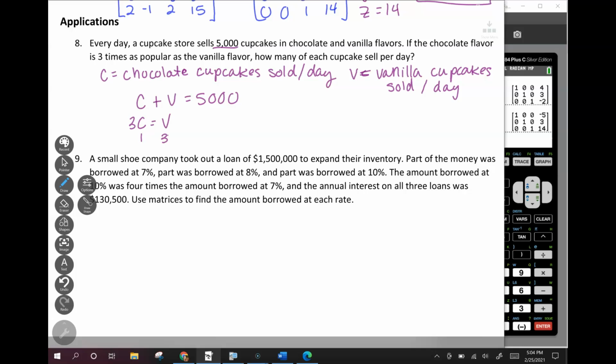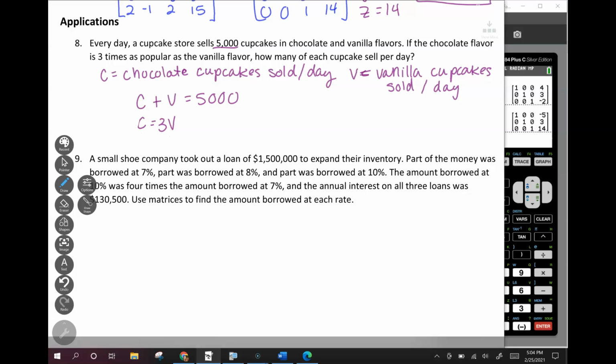If I plug in 1 for C, I would get 3 for vanilla. But that's not right. It says chocolate is 3 times as popular as vanilla, so we should be selling 3 times the number of vanilla for chocolate. So that should be chocolate equals 3 times vanilla. That way, if I'm selling 1 vanilla, I'm selling 3 chocolate. That's 3 times as many chocolates as vanilla.